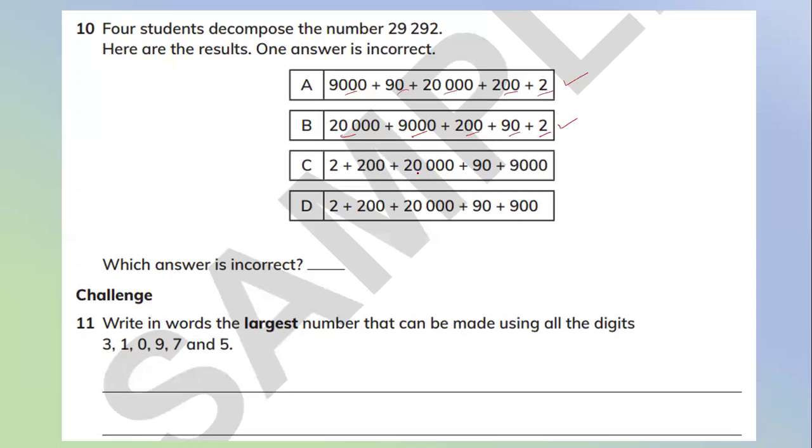Okay. And this is 20,000 plus 900, no. 20,992, no. This is incorrect. So this is the incorrect answer.